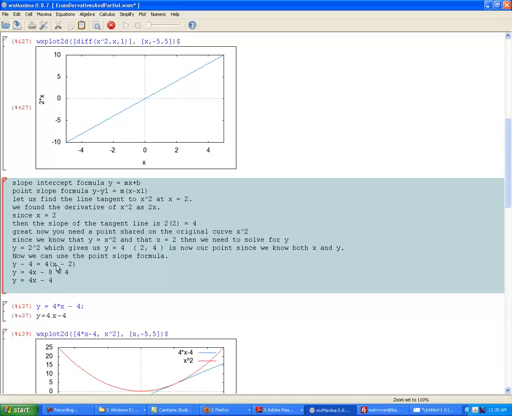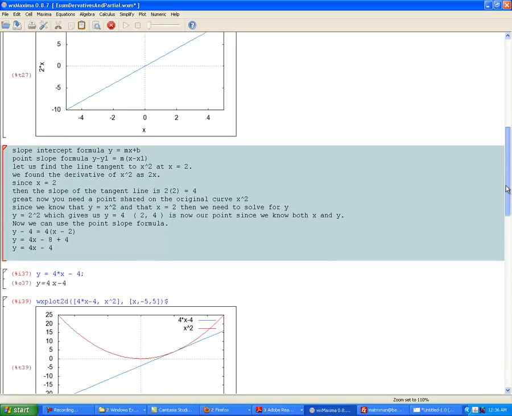Distributive property here: 4 times x and 4 times negative 2 as we distribute through the parentheses gives us 4x minus 8. And then plus 4, because we added 4 to both sides. Adding 4 plus negative 8 gives us negative 4. So we have 4x minus 4 equals y. And there we go.